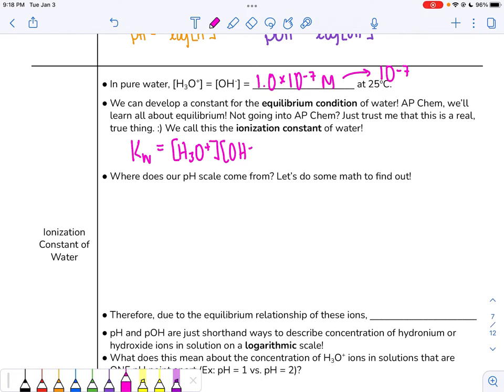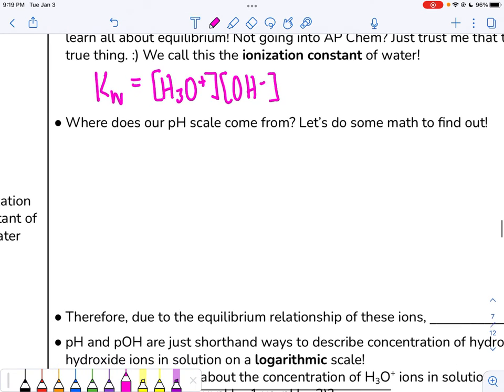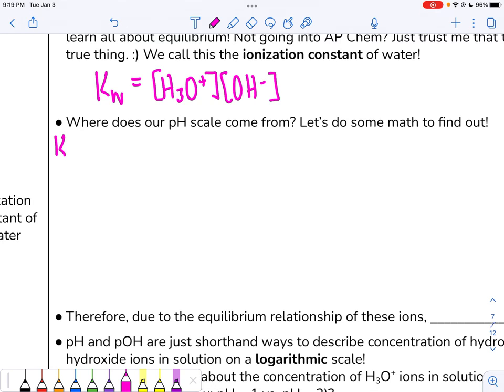So Kw is equal to the concentration of hydronium ions times the concentration of hydroxide ions. And this is just a thing. This is describing the equilibrium condition of water. Just take my word for it right now because we didn't learn about how to write equilibrium constant expressions. From this, we can find out where our pH scale comes from. We just have to do a little math to figure it out.